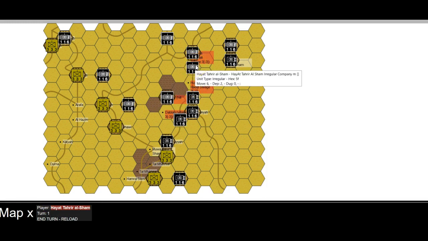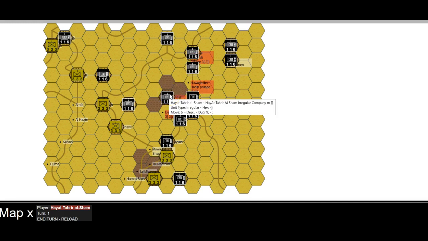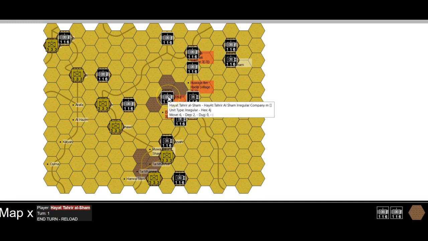Now they did take depressions from those. That's the only difference from a while back. So this unit, I think they're going to move back in.